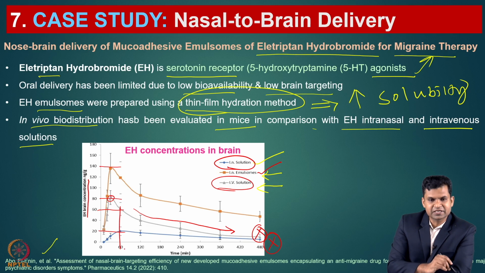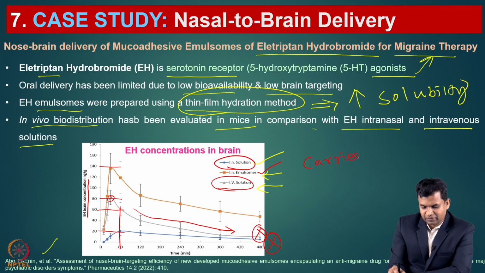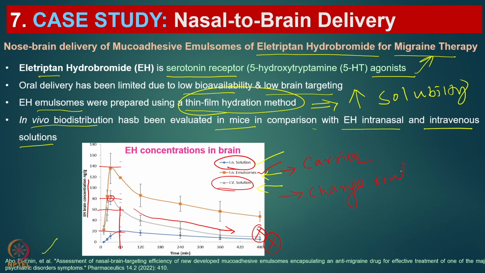From this we understand there is a requirement for a carrier, and also a requirement for a change in the route, because here you can see the intranasal route showing the maximum delivery.